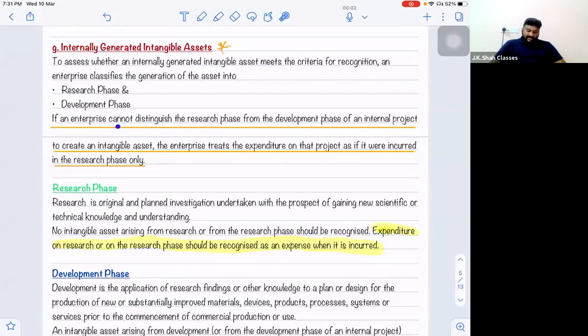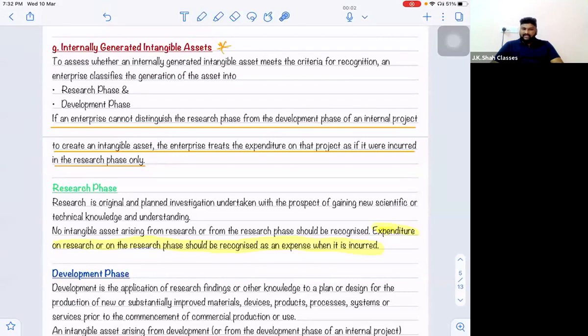If an enterprise cannot distinguish between the research and development phase, the entire cost is considered as research cost. So this is one important point, but in question solving, this is not considered. What AS26 says, if you cannot bifurcate between research and development phase, whatever cost you are incurring will be considered as research cost only and will be expensed to the profit and loss account.